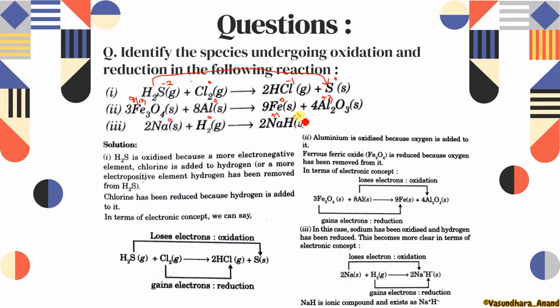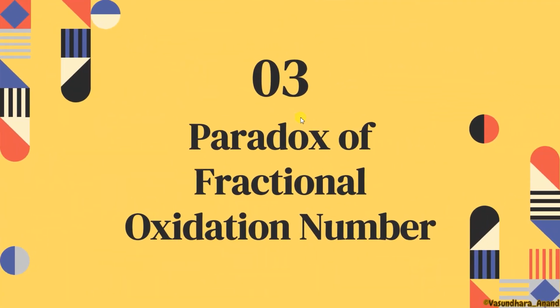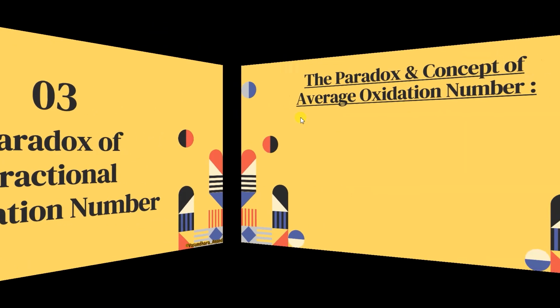Yes. Okay, so let's start the new class for today, and that is the paradox of fractional atomic oxidation number. What is the paradox? In the previous one, I told you that it can be 0, it can be fractional, it can be positive, it can be negative, anything. But actually I am going to tell you that fractional oxidation number is not possible.